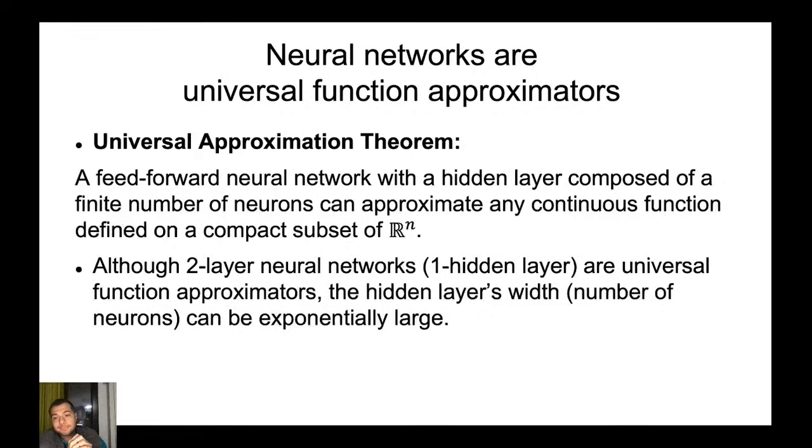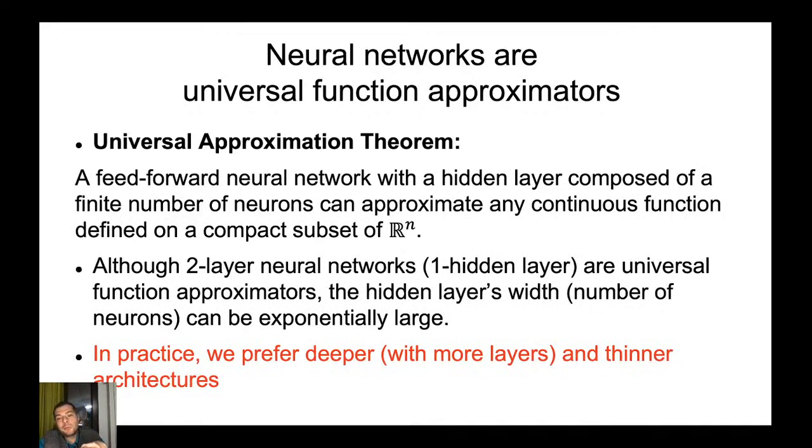Although this happens in theory according to this theorem, the problem is that the hidden layer's width, I mean the number of neurons on this layer, can be exponentially large. So for very complex problems and realistic scenarios, such networks are very hard to train, because of the exponential number of neurons that are needed with respect to the size of the input.